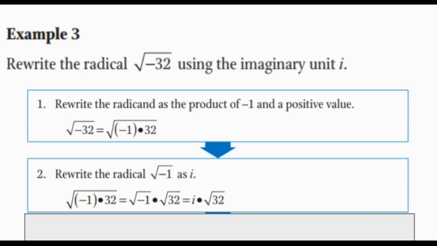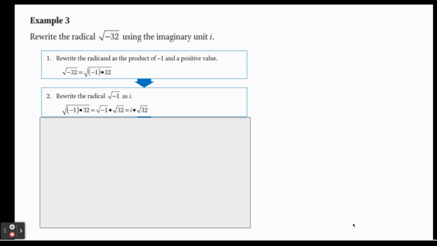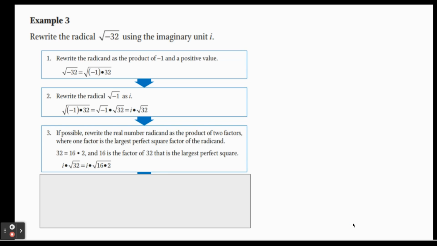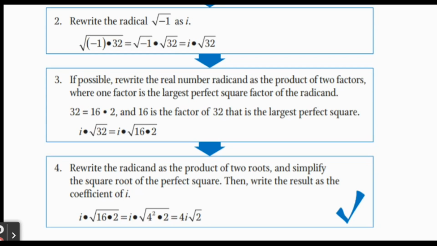So square root of -1 is i. But we're still left with i times the square root of 32. And if you remember, I taught you guys how to simplify radicals. We were looking for a perfect square, which 32 is really 16 times 2. So the square root of 16 is 4. That gets to stay on the outside now with the i. So your final answer is going to be 4i radical 2.